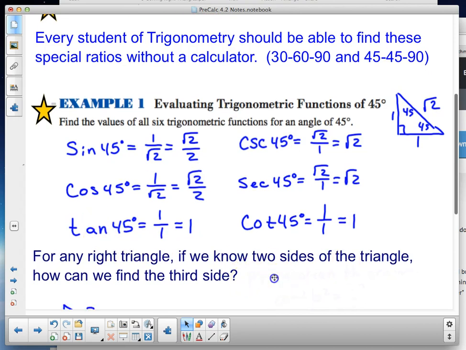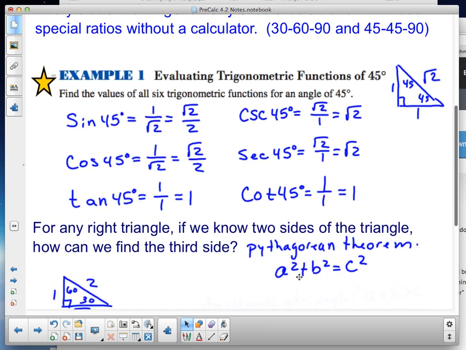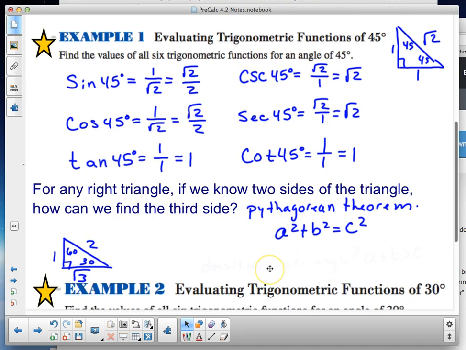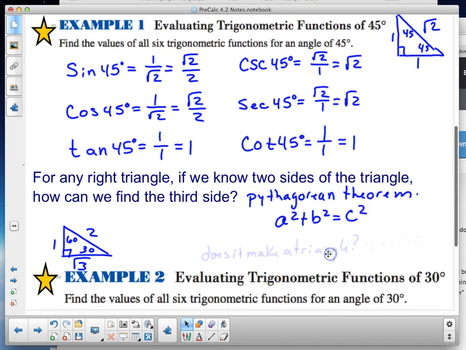Now, for any right triangle, if we know 2 sides of the triangle, how can we find the third side? Well, we can use the Pythagorean theorem, a squared plus b squared equals c squared, to help us do that. And we need to realize there are some little tricks about things making a triangle. Some sets of lengths make a triangle, and some don't. We used this Pythagorean theorem as geometry students to talk about whether a triangle is obtuse, acute, or right.